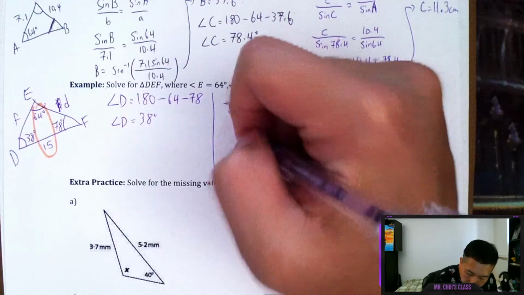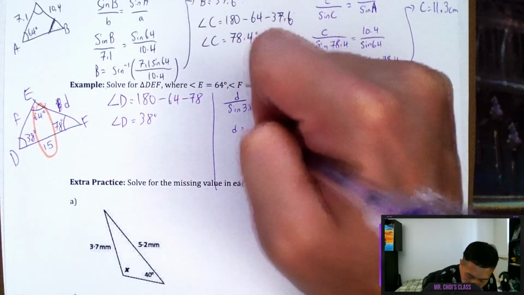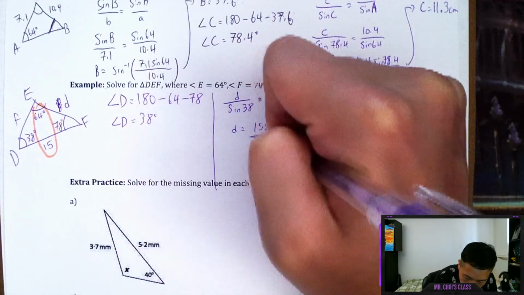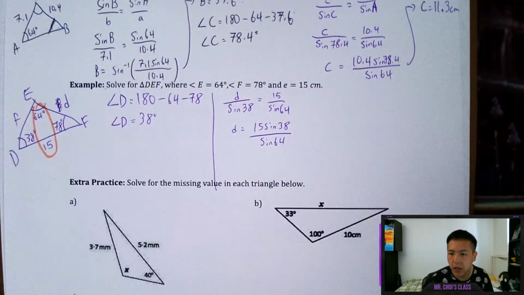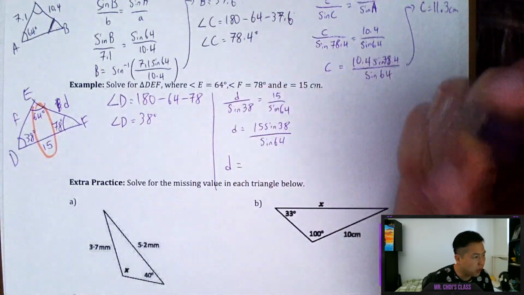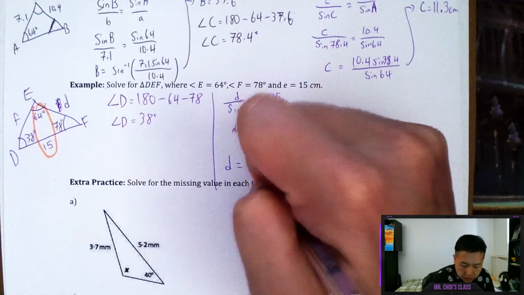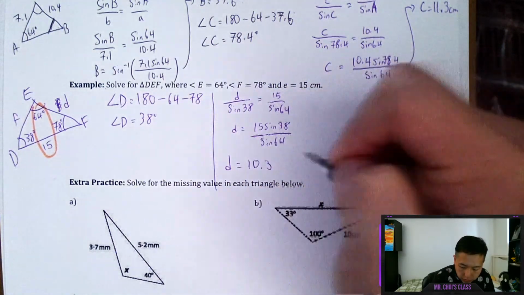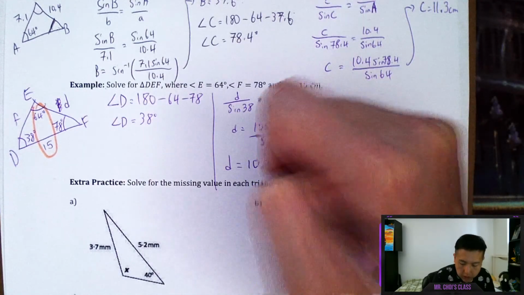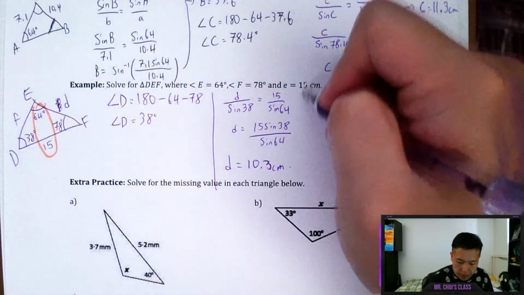When I rearrange it, I get 15 sine 38 over sine 64. Multiplying and dividing all of that, you should have gotten a value of approximately 10.3 centimeters. So 10.3 centimeters for D.